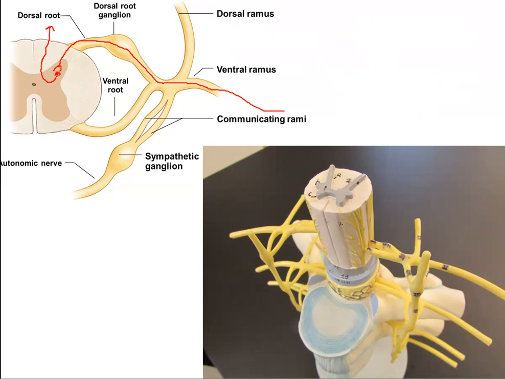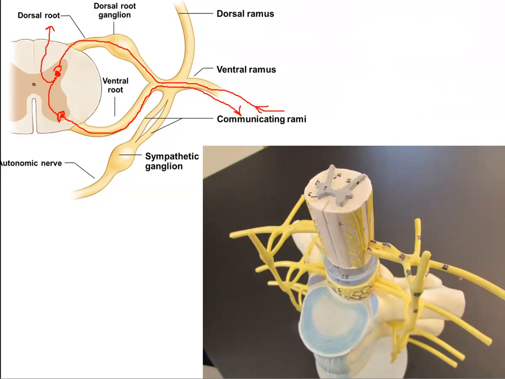Others in reflexes, which we'll talk about more next week, are going to immediately synapse with motor neurons. So what these little balls here are dendrites. These are axon terminals. And so this is a synapse and this is a synapse. And so the interneuron sends a message to the motor neuron, which exits a different way and carries information out to the rest of the body. Okay, so that is where we're going here.